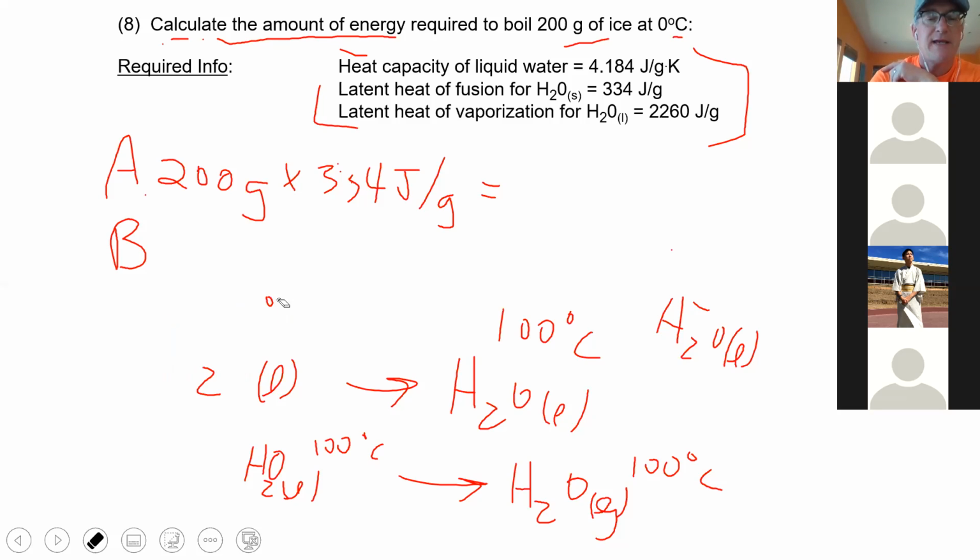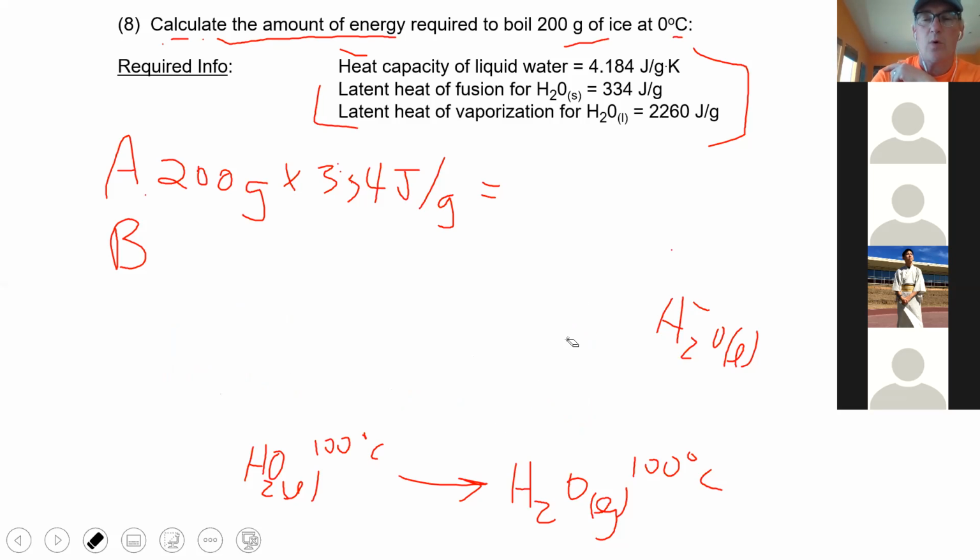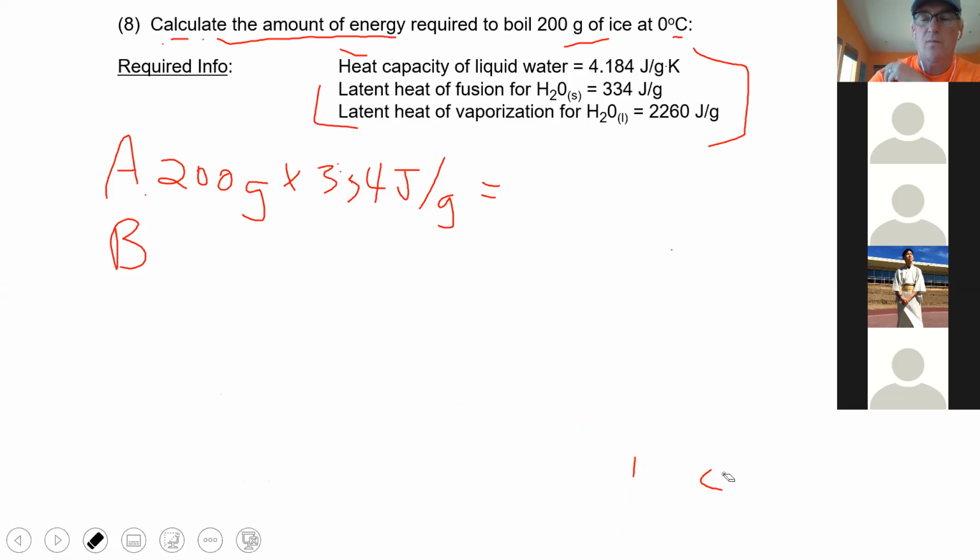So after adding some heat, I now have liquid water at 0 degrees. What's the second part of this process? Now remember, I've got to boil this ice. So my first step, I melt it.